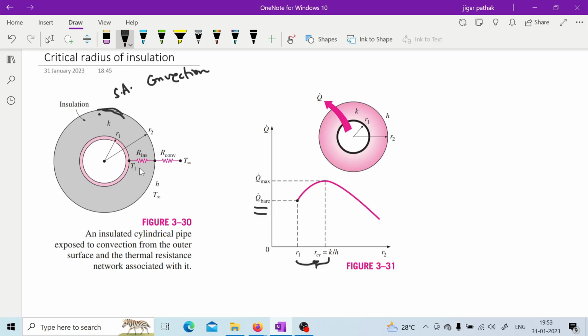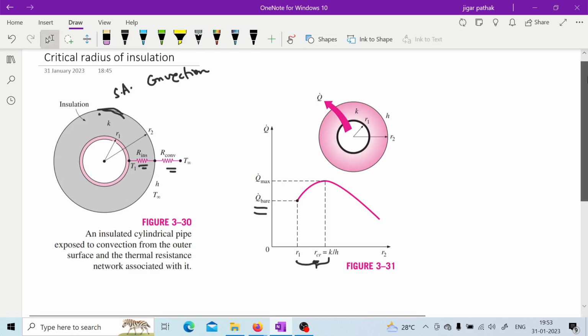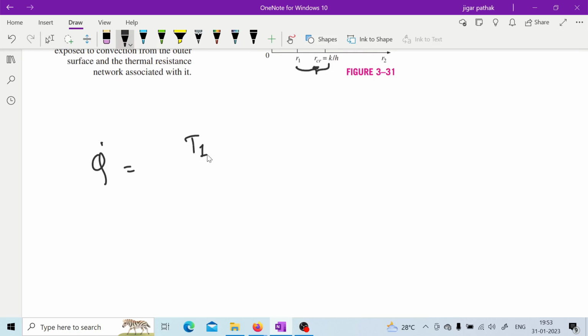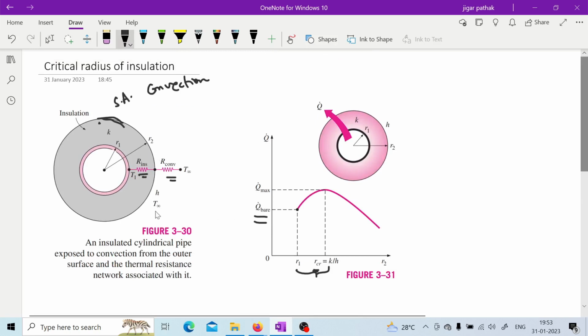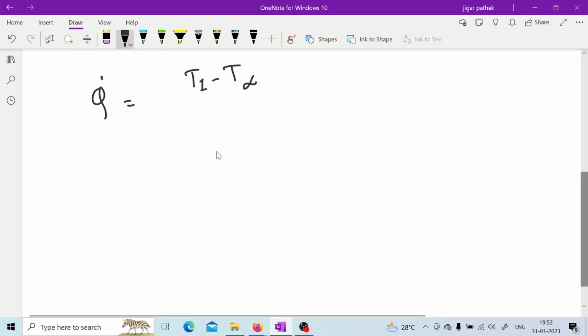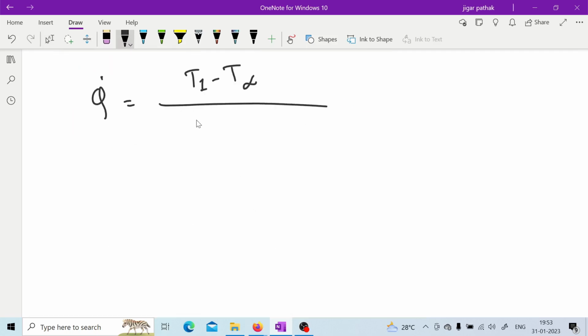As mentioned here, with the resistance of insulation and the resistance of convection, if we write the heat transfer equation for that particular cylindrical case, then T1 minus T infinity is the temperature difference. Here it is T infinity and here it is T1. So T1 minus T infinity is your temperature difference, divided by R insulation plus R convection.